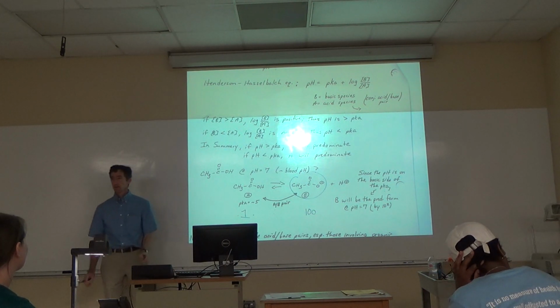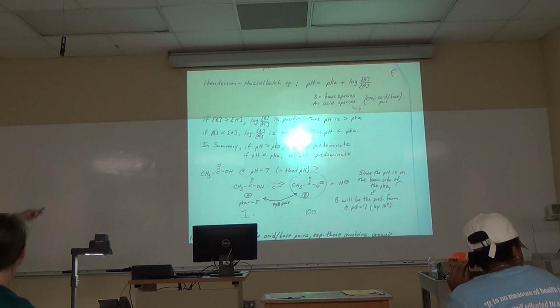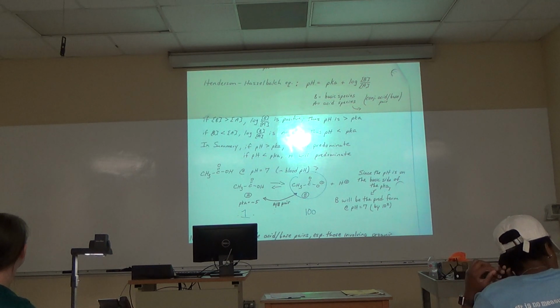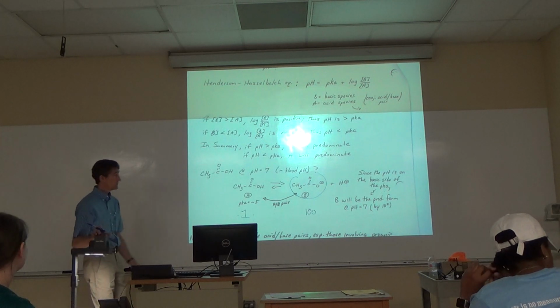Which would predominate? Equilibrium. It would be neutral, the same amount. Well, that's 100 to 1 equilibrium, so I wouldn't say equilibrium. I would maybe say equal. At pH of 5, it's going to be equal. It'd be 1 to 1, as opposed to 100 to 1.